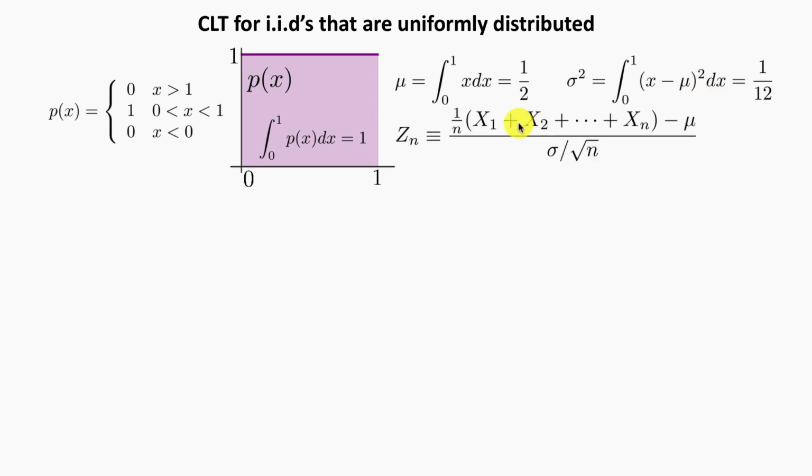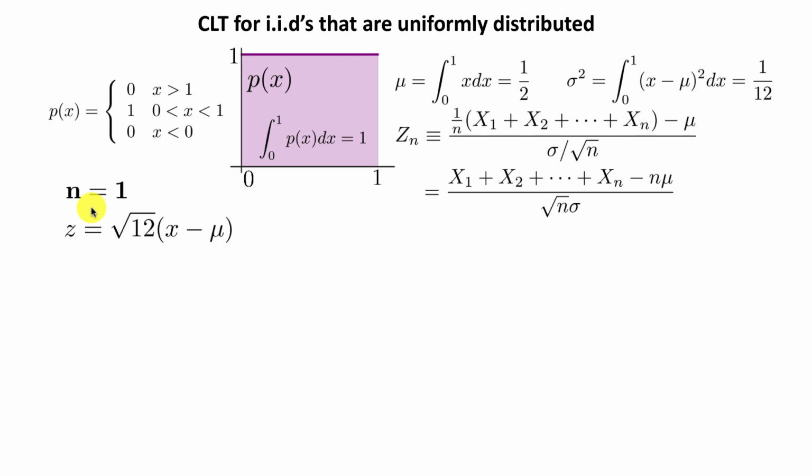And that Zn is just the sum of the random variables, what we called Sn over here, divided by n minus mu, and the whole thing divided by the standard deviation over square root of n. N is something that we are allowed to vary, and we can therefore begin with n equal to 1. So let's start with that.